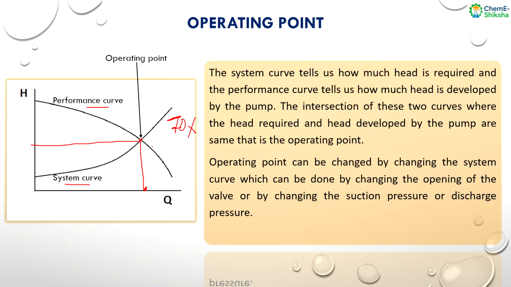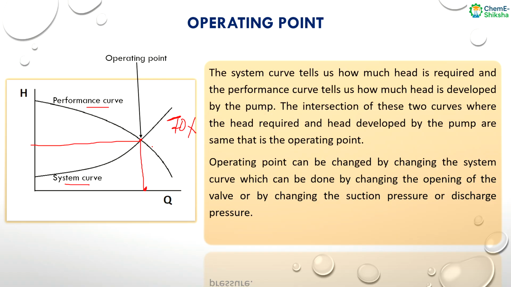We know that across the control valve there will be some pressure loss or head loss. As we increase the opening of the valve, this pressure loss or head loss across the control valve decreases. So the head requirement in the system also decreases, because your head loss term is decreasing.